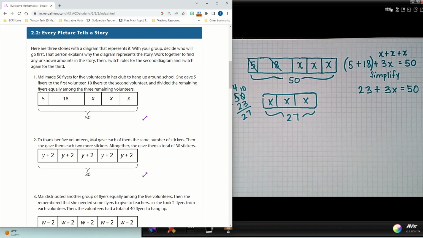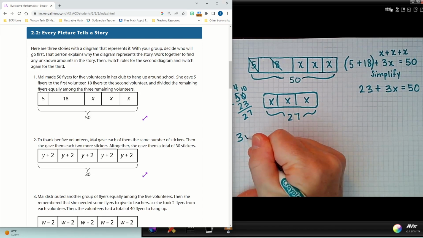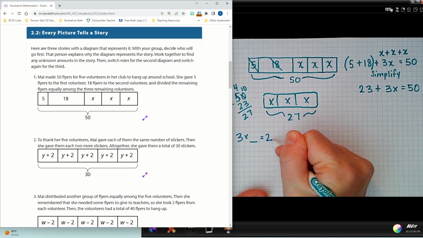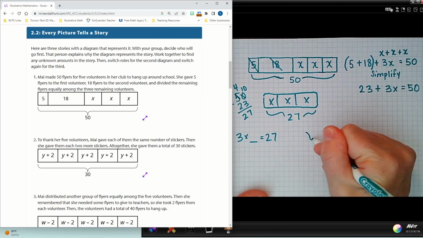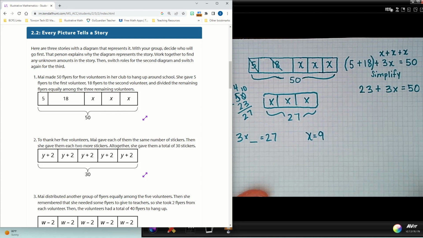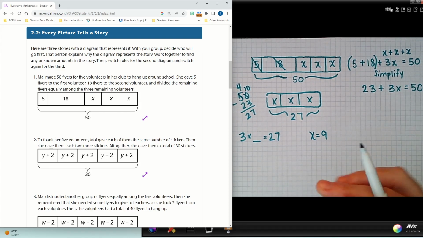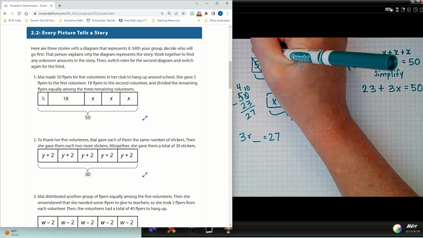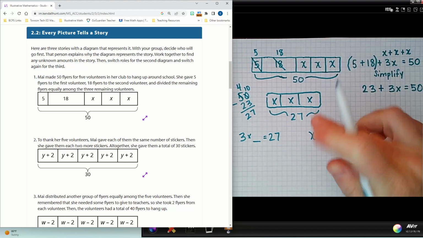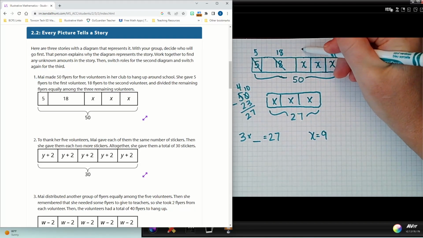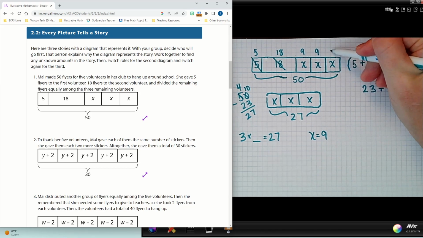And at this point, because of their multiplication strategies, they would know 3 times something equals 27, and my unknown would be 9. Now, what we would have them do is go back into the tape diagram and just double check their math. We start with 5, 18, and then each of the remaining volunteers got 9 flyers each.